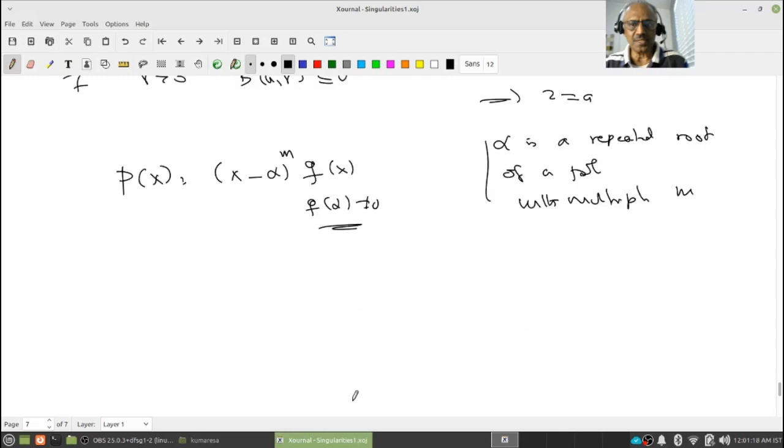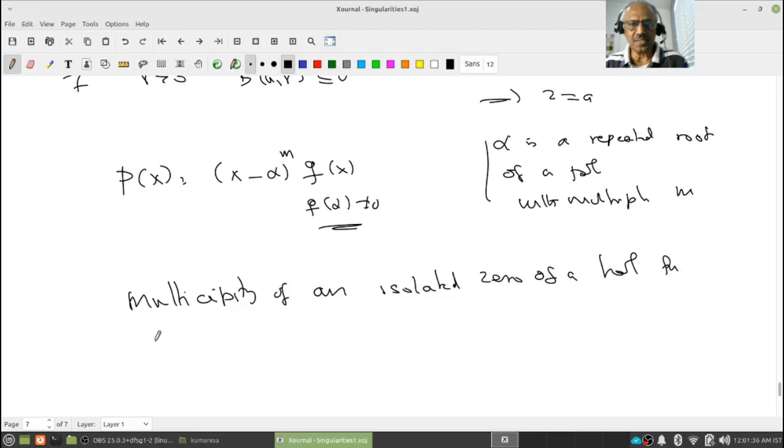Do you remember? So we want to define the multiplicity of an isolated zero of a holomorphic function.